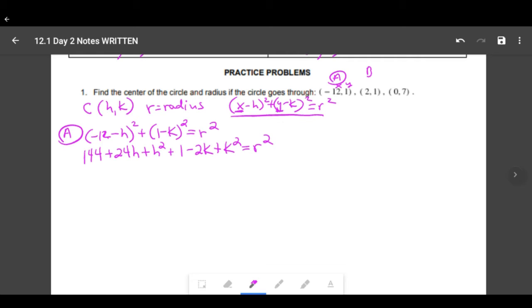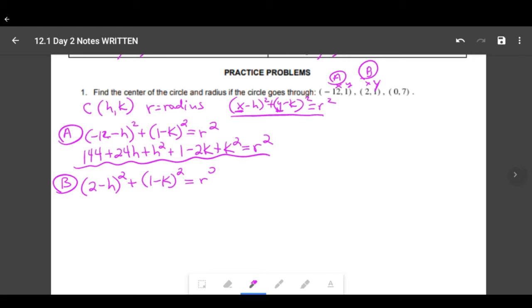If I call this point B, and again, this is the x and the y, I can use the coordinate (2, 1) and do the same thing: 2 minus h, quantity squared, because the x coordinate of the point is 2, not the center, plus 1 minus k, squared equals r squared.